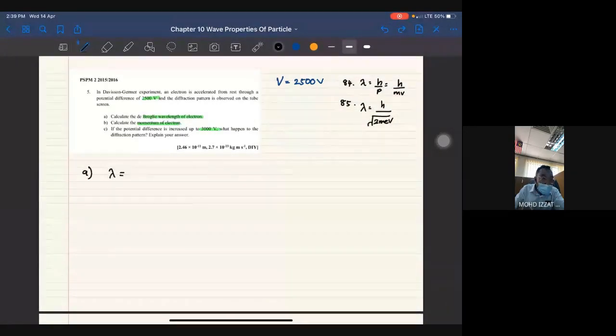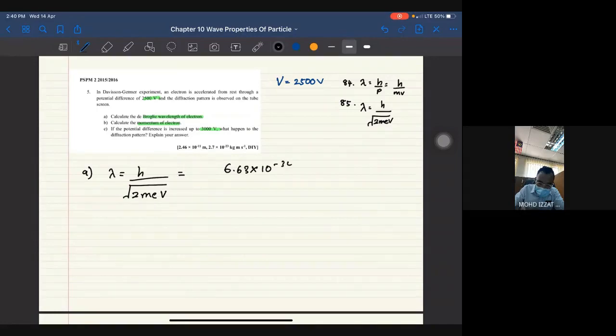So lambda is equals to h over square root of 2 meV. I think chapter ni kalau compare dengan chapter 11, this one is much more easier bagi saya lah. So h is 6.63 times 10 negative 34.